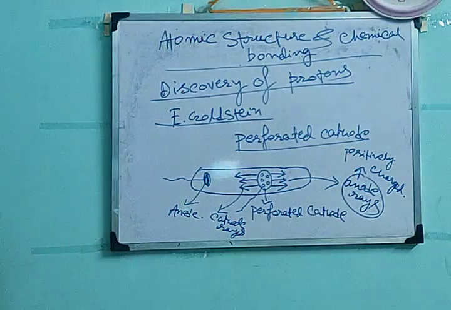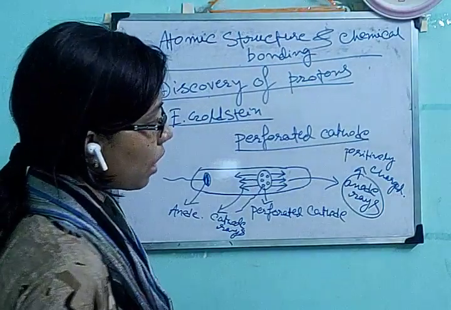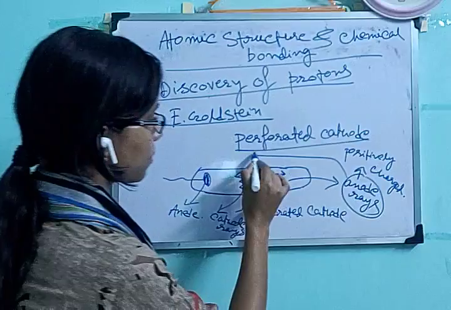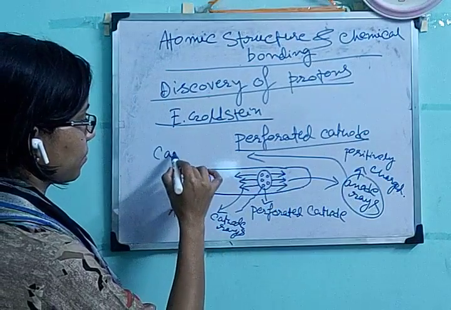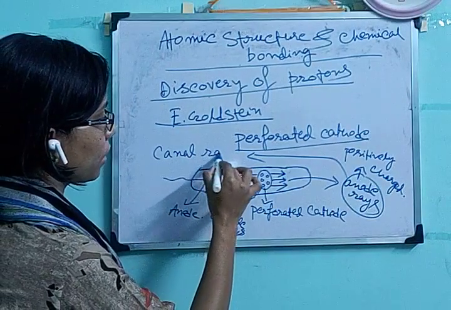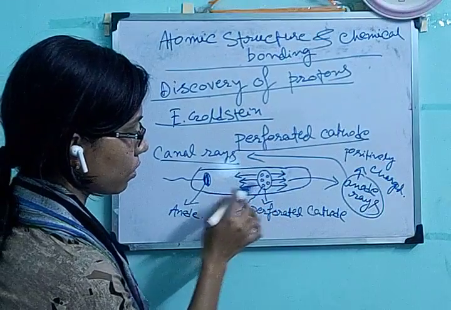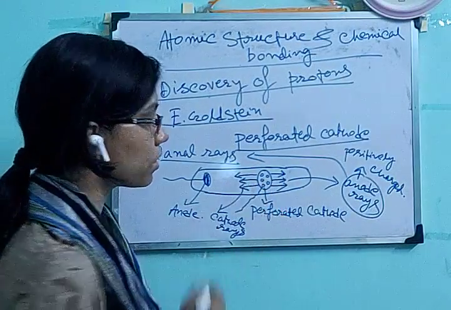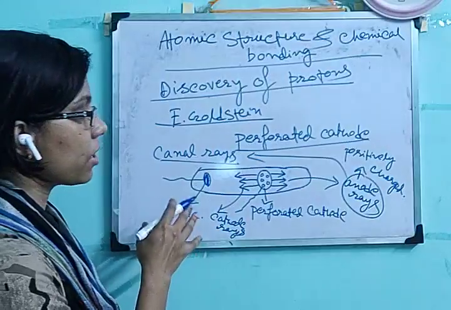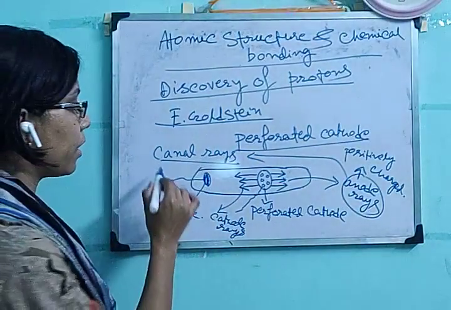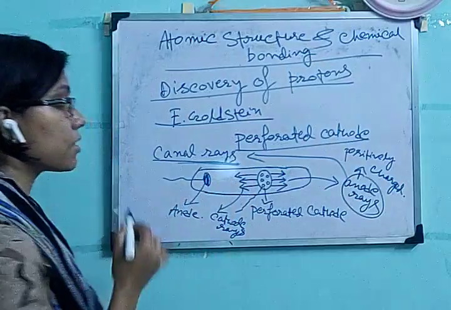Another point is that these anode rays are termed canal rays. Why canal? Because they are going through these holes. There exist holes in the perforated cathode and these rays go through these holes, the canals, and hence these rays are termed canal rays.